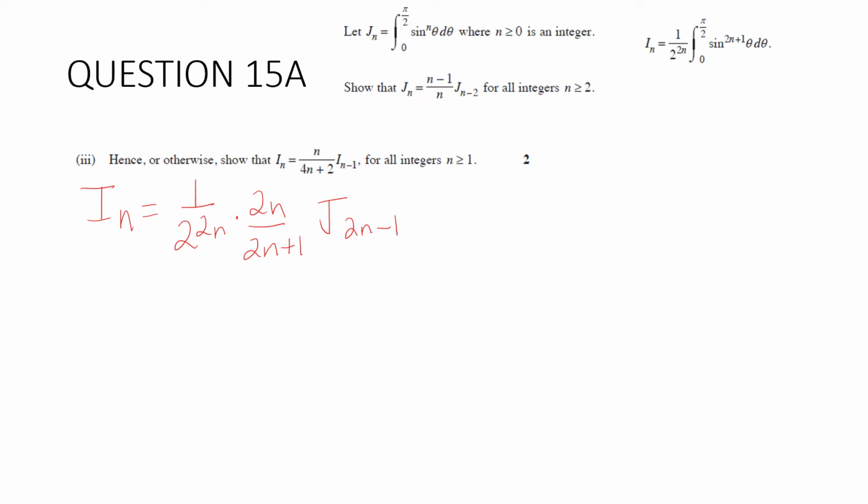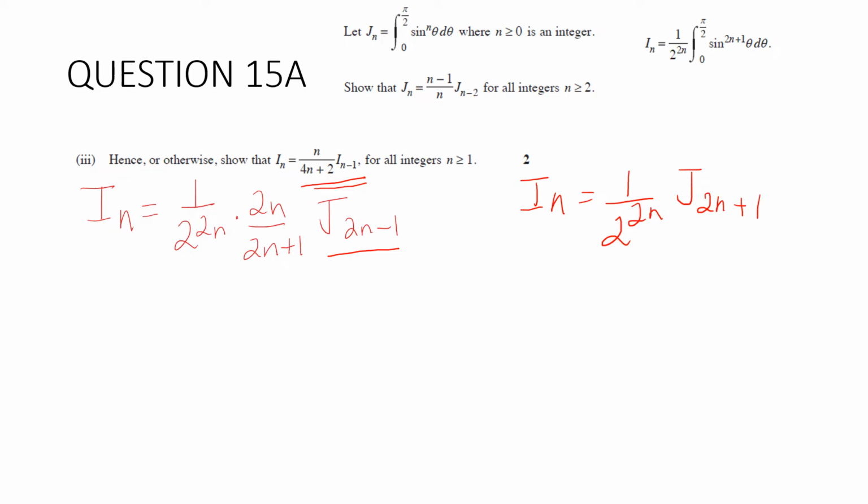Now looking at where we've got to get, we don't want a J 2n minus 1, we want an I n minus 1. So let's start again with what we started with at the beginning. In is equal to 1 over 2 to the power of 2n J 2n plus 1.